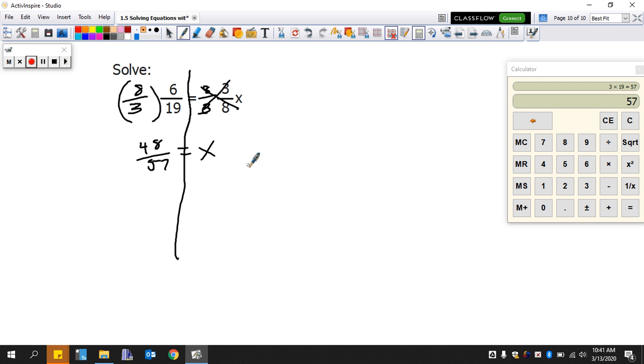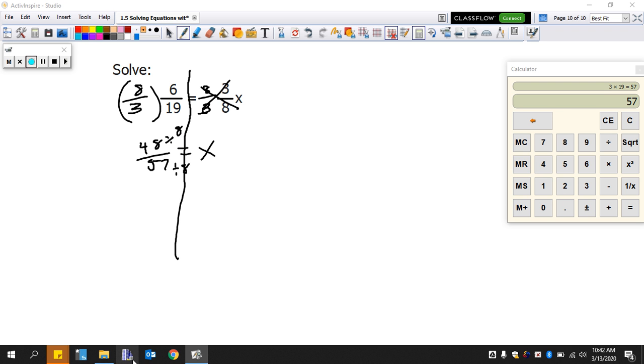Well, 57 is 7 times 8, 48 is 6 times 8, so we can divide both of these by 8. No, I take that back. 7 times 8 is 56. 57, I don't think it reduces at all.